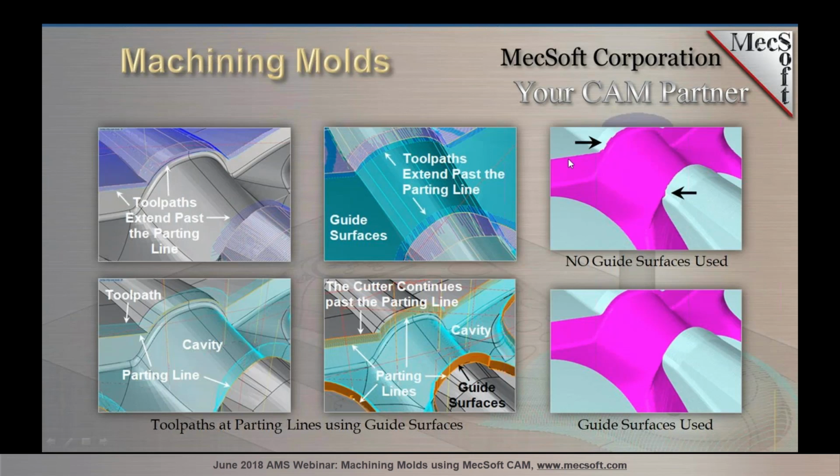You see where the tool rode over the parting line here and around here. And particularly right here where you've got this fillet, if the tool rides the edge of this parting line and gets to that fillet, you're going to have a dimple right there for the radius of the tool where it cut into the fillet, and you don't want that. So in the bottom image, you can see the clear, nice, precise cut parting line with the use of these guide surfaces.